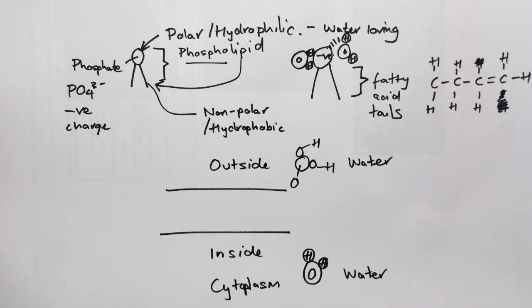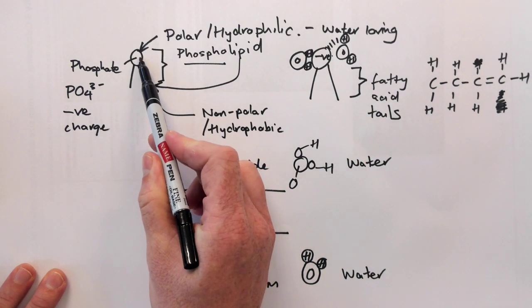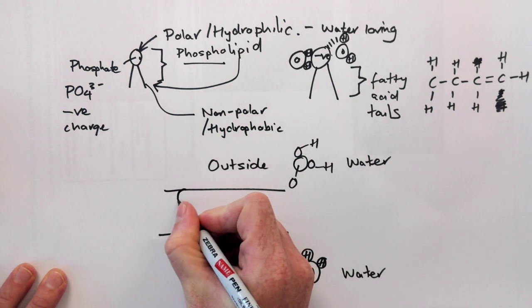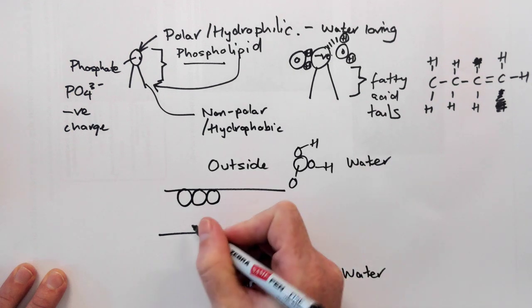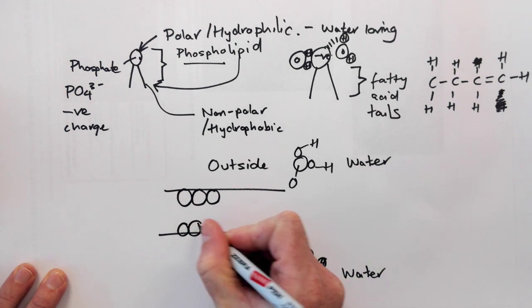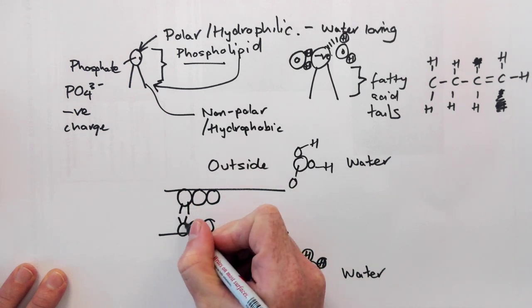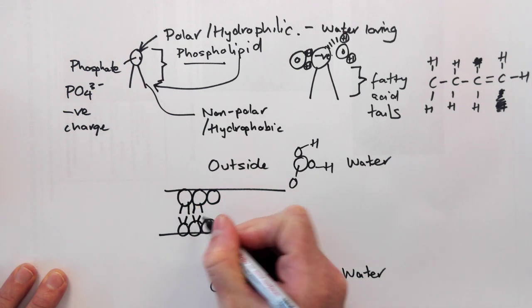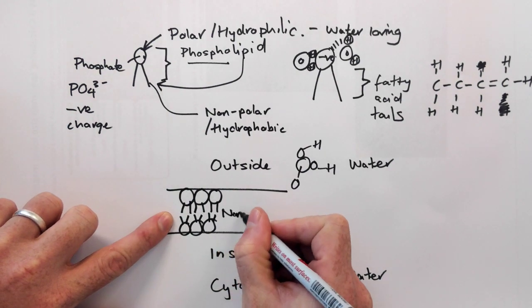Now if we think about how these must arrange, if this part likes water, we will get the heads arranging facing the water, which means the tails will point inwards, because they are non-polar.